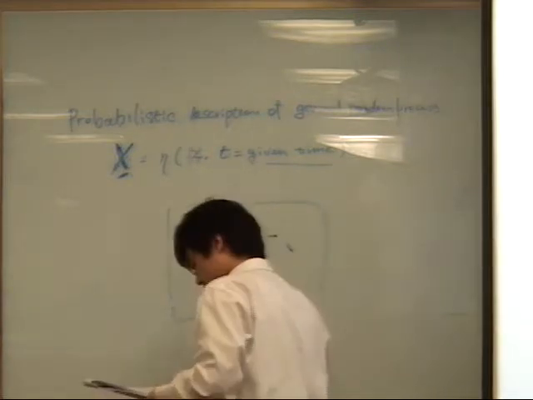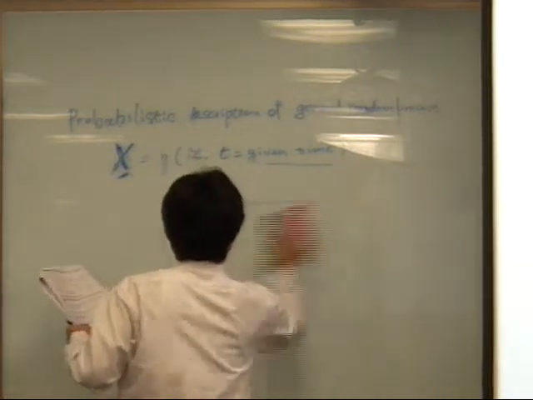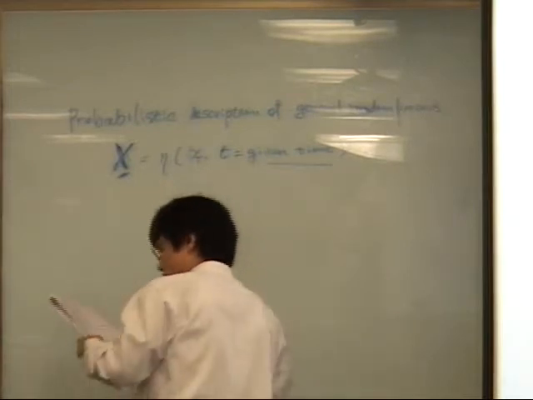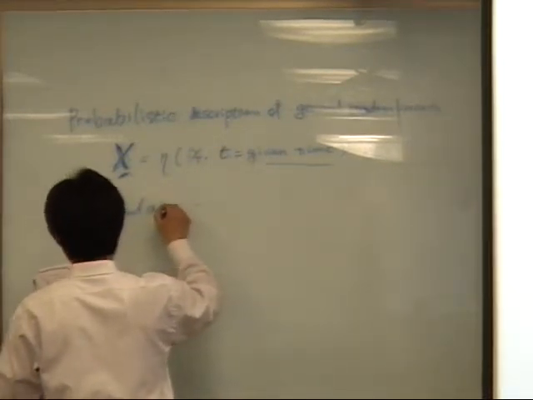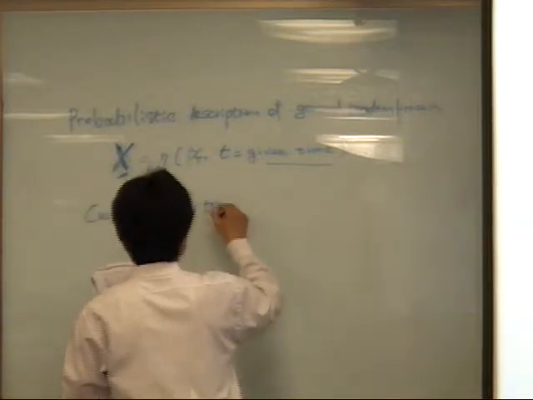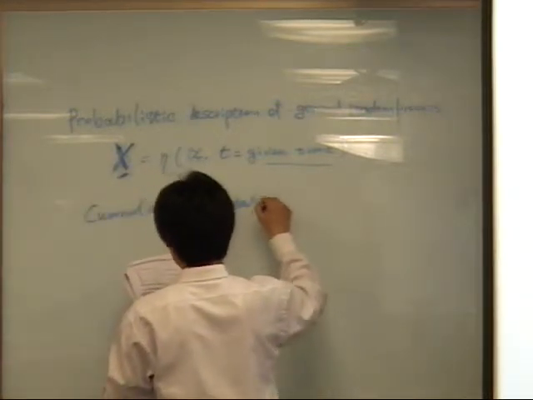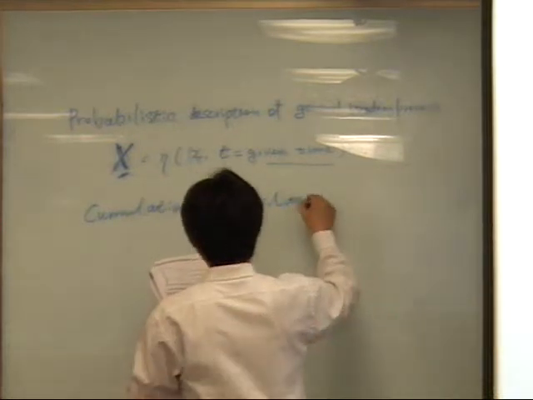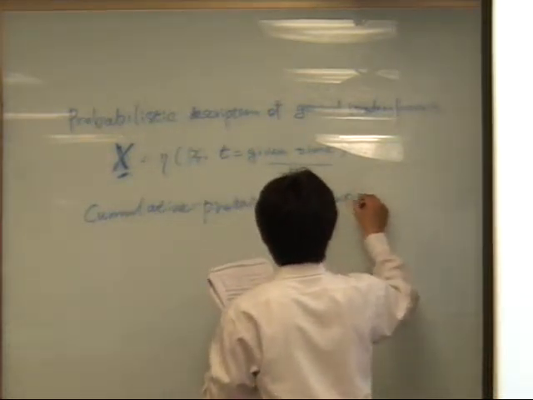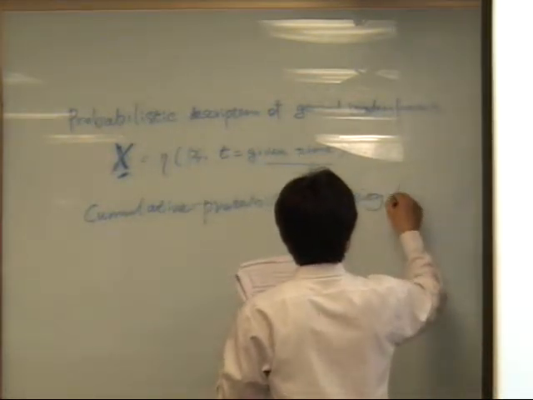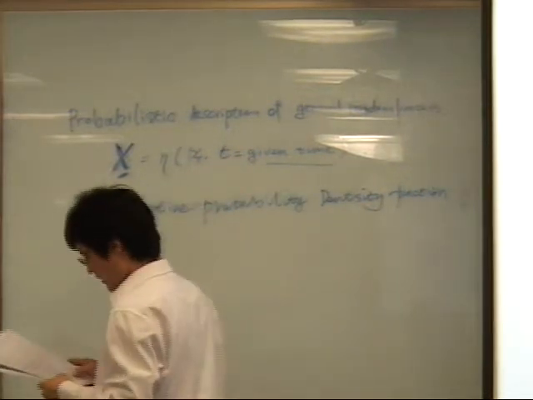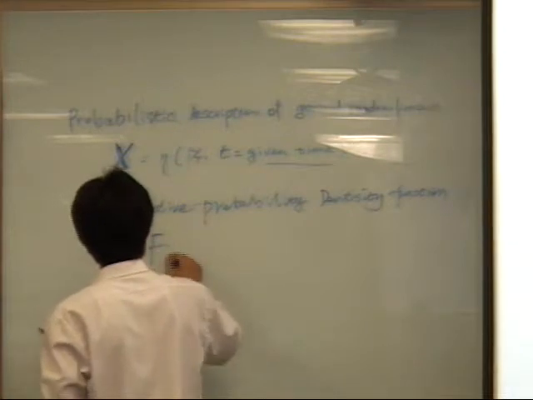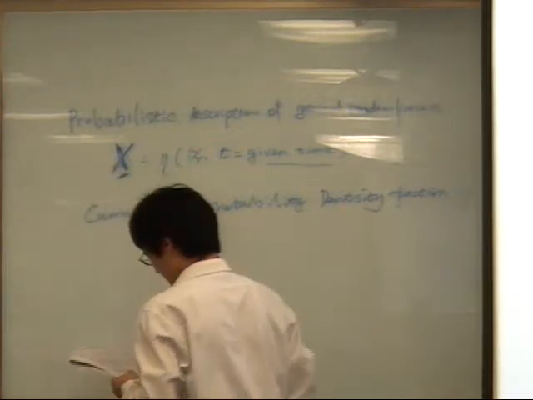So now we see the cumulative probability density function. What does that mean? That means it is a function of x.